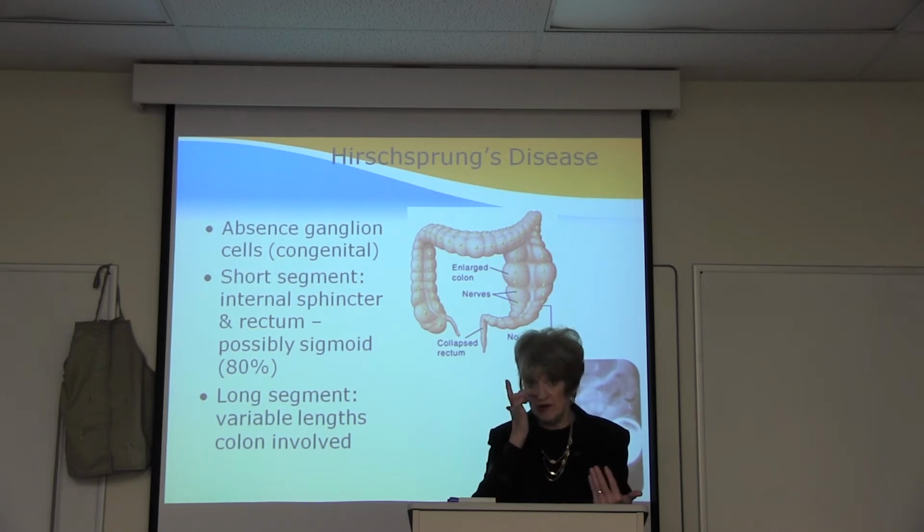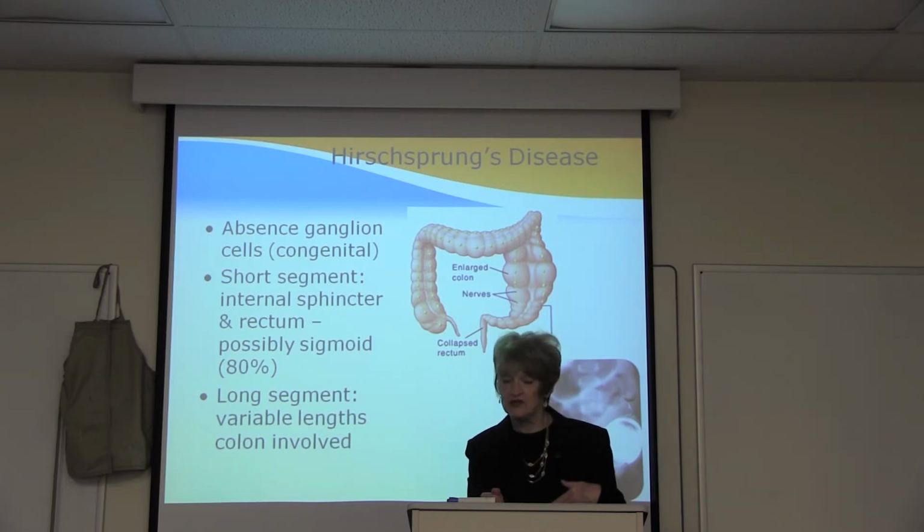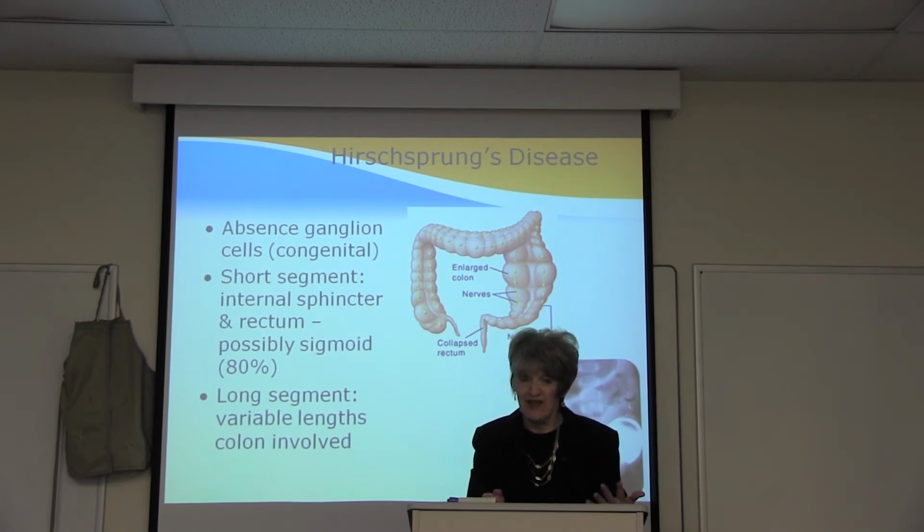We talked very briefly about the fact that innervation of the GI tract during fetal development occurs proximal to distal. So first the stomach, then the small bowel, then the colon, finally the rectum and the internal sphincter.